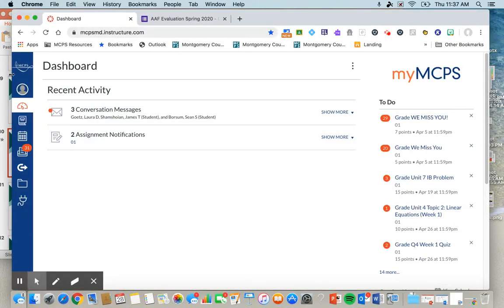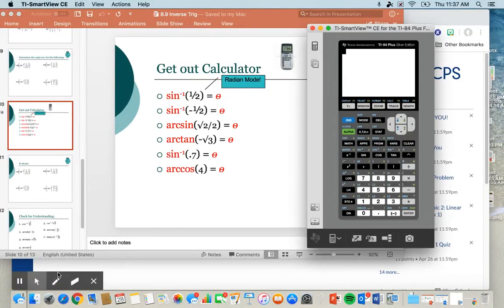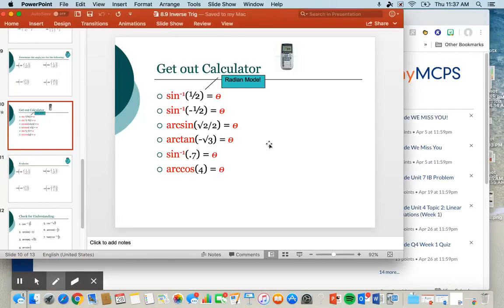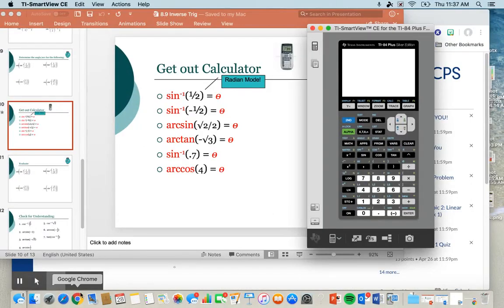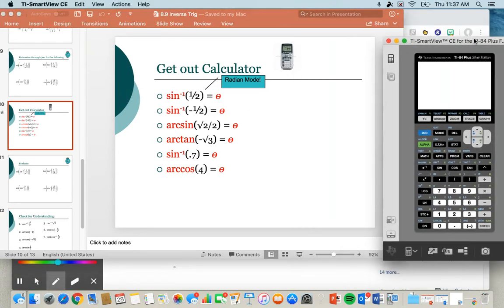Oh, I guess I have to have that up. Okay. Oh, it won't let me just write on this, will it? Darn. I thought I could write on anything.